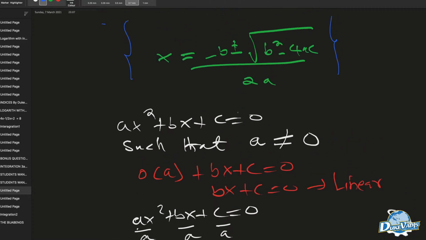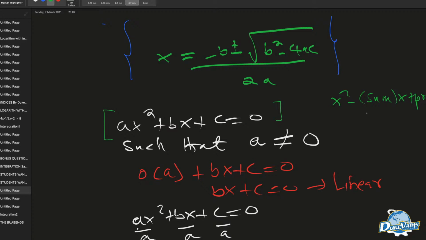Then somebody asked me, but sir, how did we derive this equation, this ax squared plus bx plus c itself? Then this was my explanation. Look at it. We know that a quadratic equation in general can be written as x squared minus the sum multiplied by x plus the product is equal to 0.